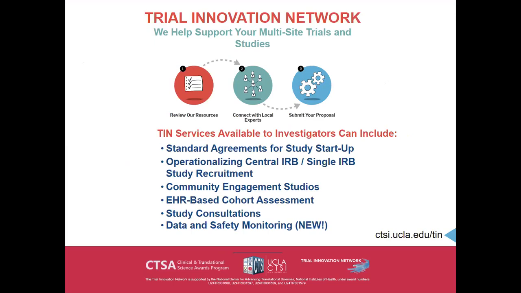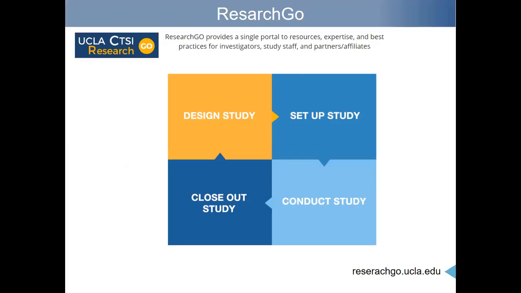They offer engagement studios, they perform EHR-based cohort assessments, and even provide guidance and support on data and safety monitoring. So basically, anything that you might be struggling with in terms of a multi-site trial or study and getting it off the ground, the Trial Innovation Network is there to help you. Our website is in the lower right corner here that you can visit for more details on each of these specific components, and you can email us. We also have office hours that I'll show at the end as well.